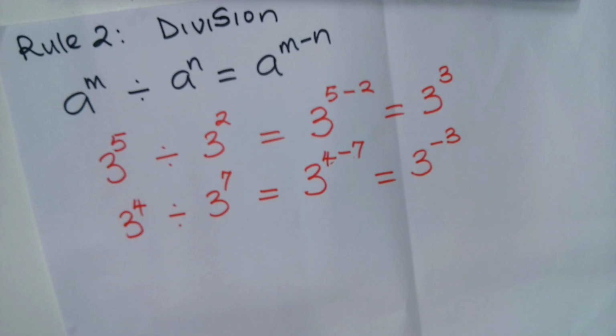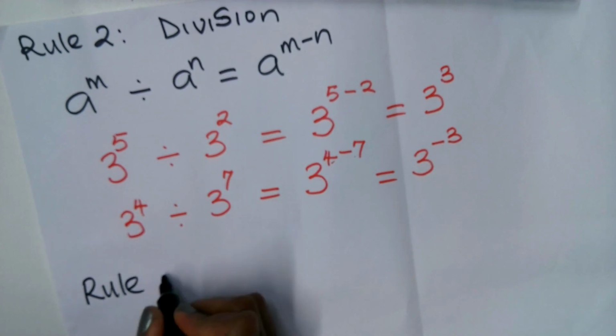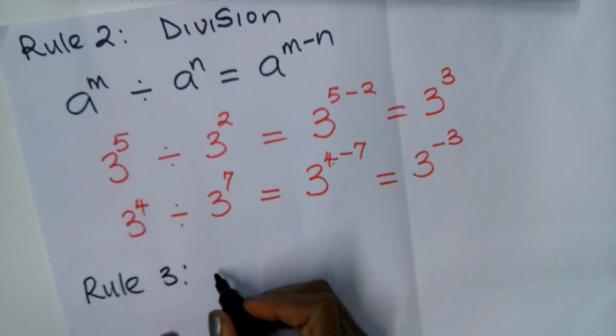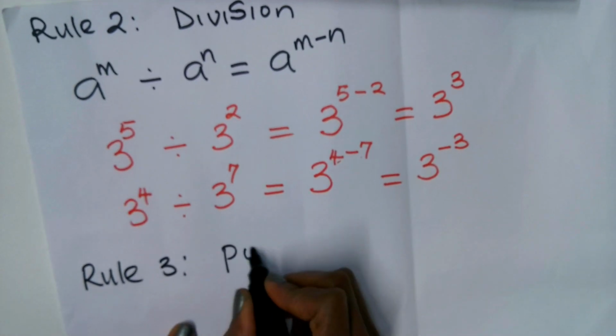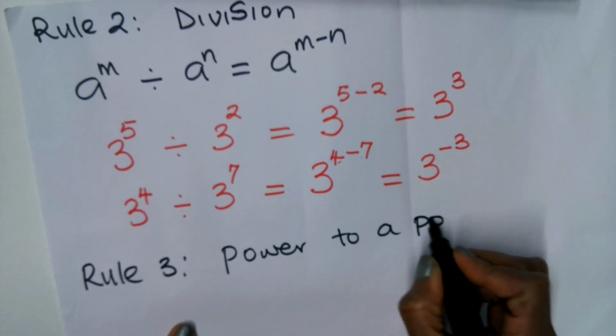So next we're going to look at rule number 3. So rule number 3 says power to a power.